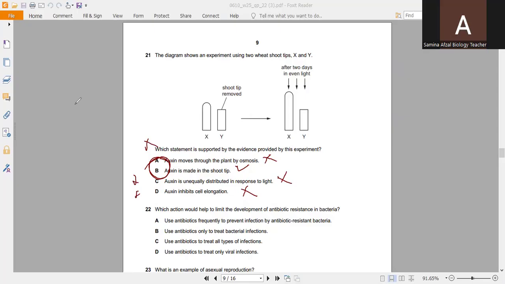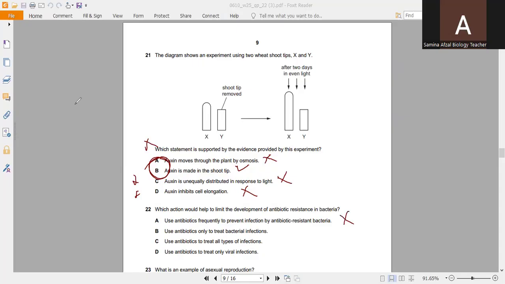Now move towards question number 22. Which action would help to limit the development of antibiotic resistance in bacteria? Use antibiotics frequently to prevent infection by antibiotic resistant bacteria. It would drastically increase antibiotic resistance by continuously wiping out susceptible bacteria and leaving only resistant ones to multiply.